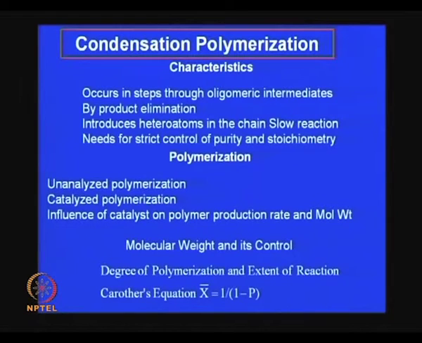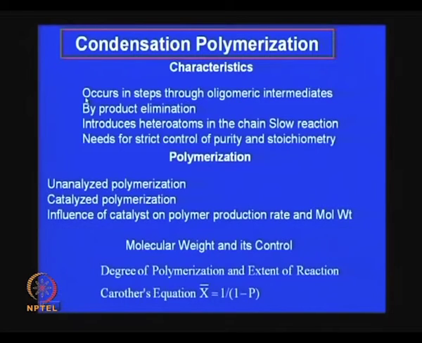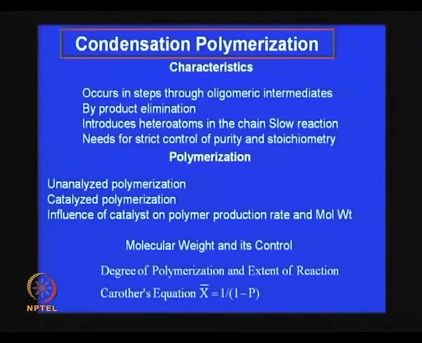Now, let us concentrate our attention on these principles of condensation polymerization. As I mentioned earlier, let us look into the characteristics of this condensation polymerization. Once again, I am telling, this condensation polymerization occurs in steps through oligomeric intermediates. Oligo means small, smaller intermediate products, oligomeric intermediates.